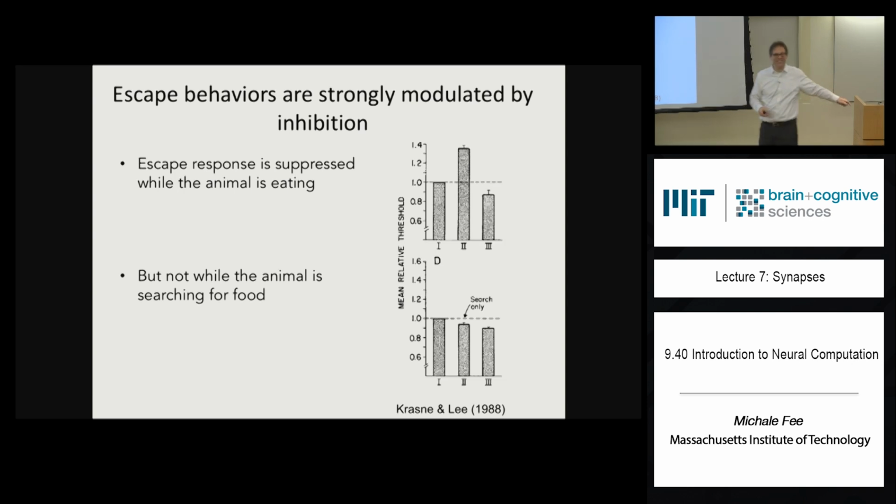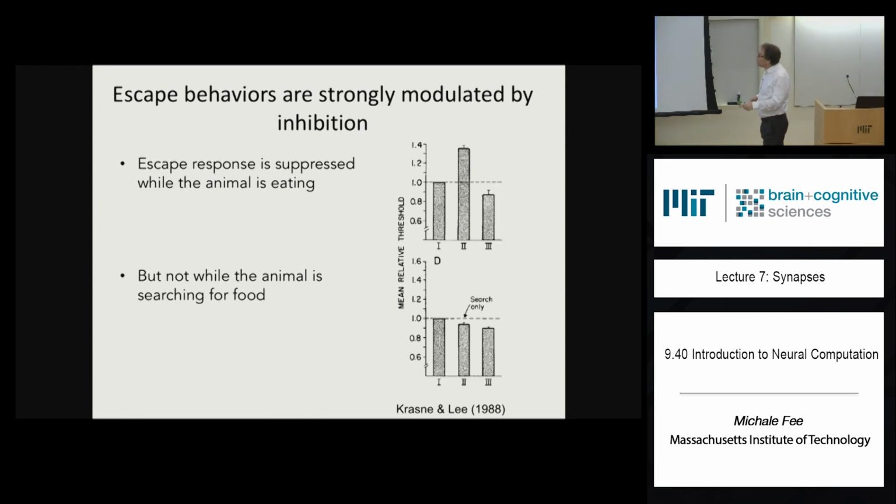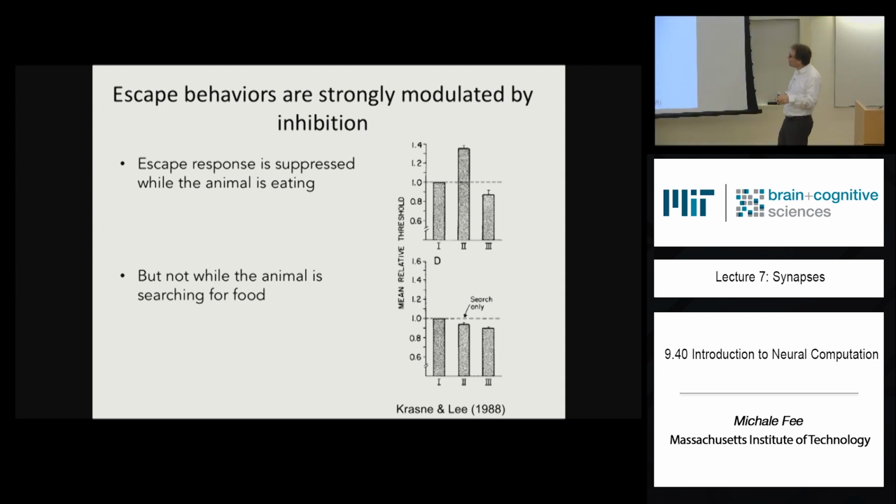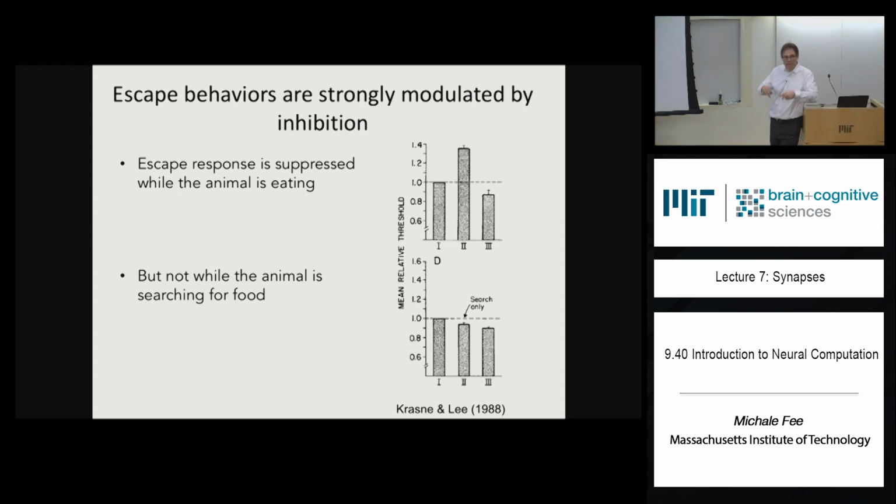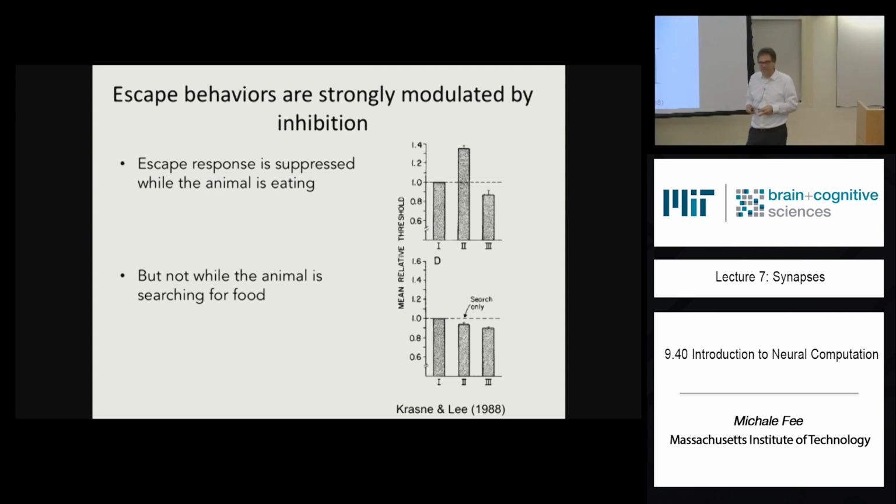Leave me alone, okay? It's not just being hungry, right? Because if he's hungry and searching for food, there's no increased threshold. So it's really because he's eating, he's found a food source, he doesn't want to leave it, so he won't leave until there's more danger, okay?